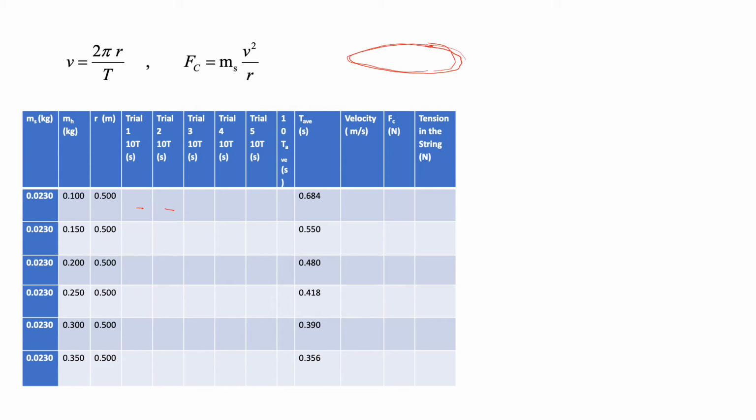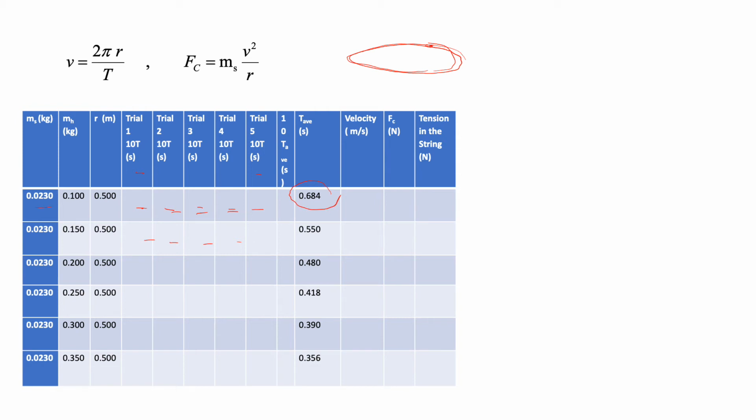So we measure 10 revolutions and divide by 10. We have 5 trials, we record the time, divide by 10, and take the average of these 5 trials. You don't have to fill any of these in, because we already filled this in and just gave you the average time.